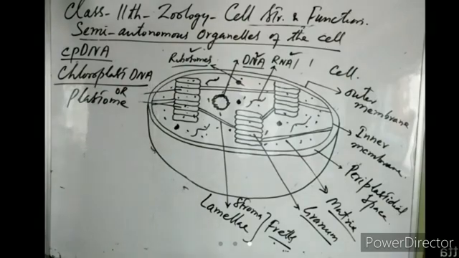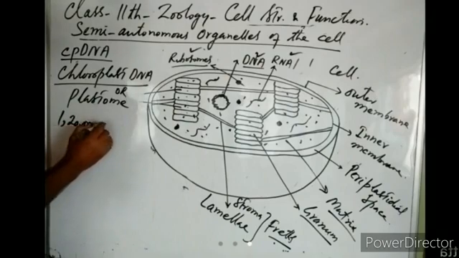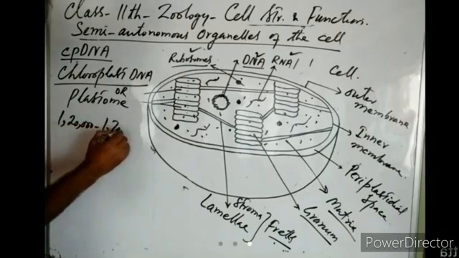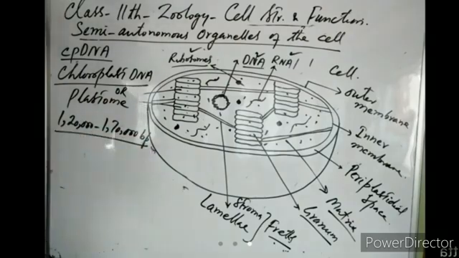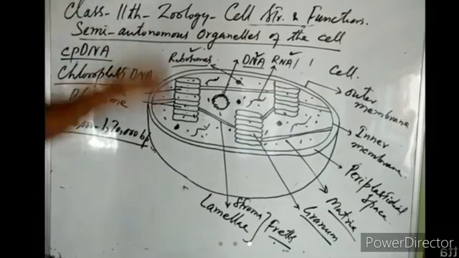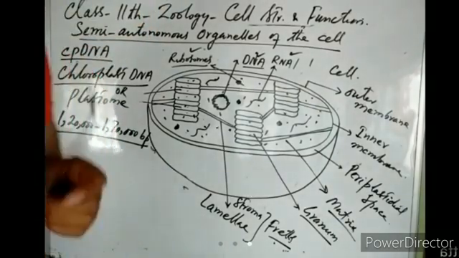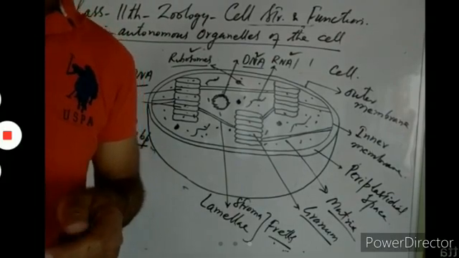This DNA of chloroplast is formed of some 1,20,000 to 1,70,000 base pairs, right?